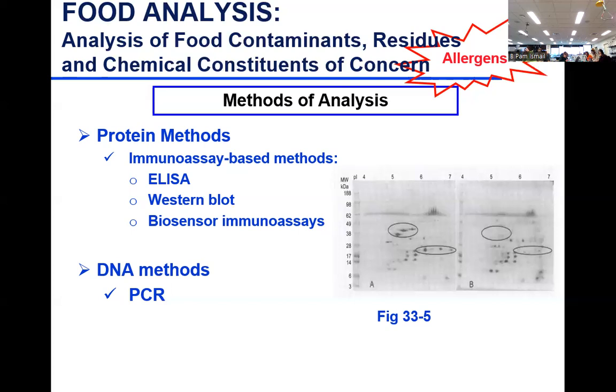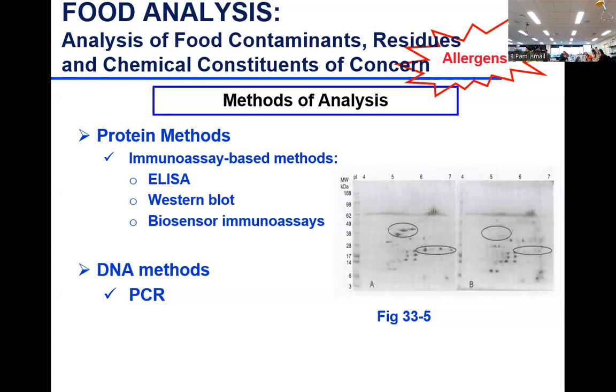So if we have globulins in the protein and we don't use salt, they don't show up. So there are potential allergens that we cannot detect. That's the drawback in that protein method. We have to make sure that we're able to extract all possible proteins that could be allergens.